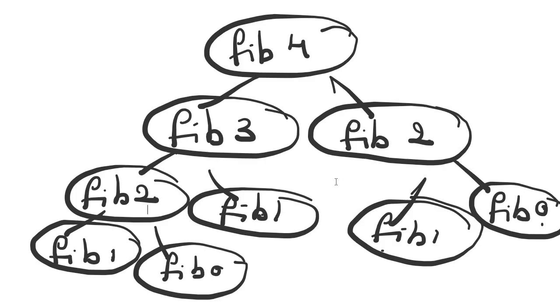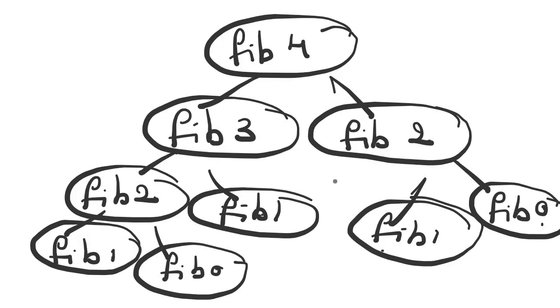If I use divide and conquer here, I have to recalculate the values of Fib 1, Fib 2, Fib 3 and Fib 0. This will consume a lot of time. In order to avoid that, we go for dynamic programming. In dynamic programming, we don't need to recalculate the result. The already calculated solution, stored in the memory, can be reused.